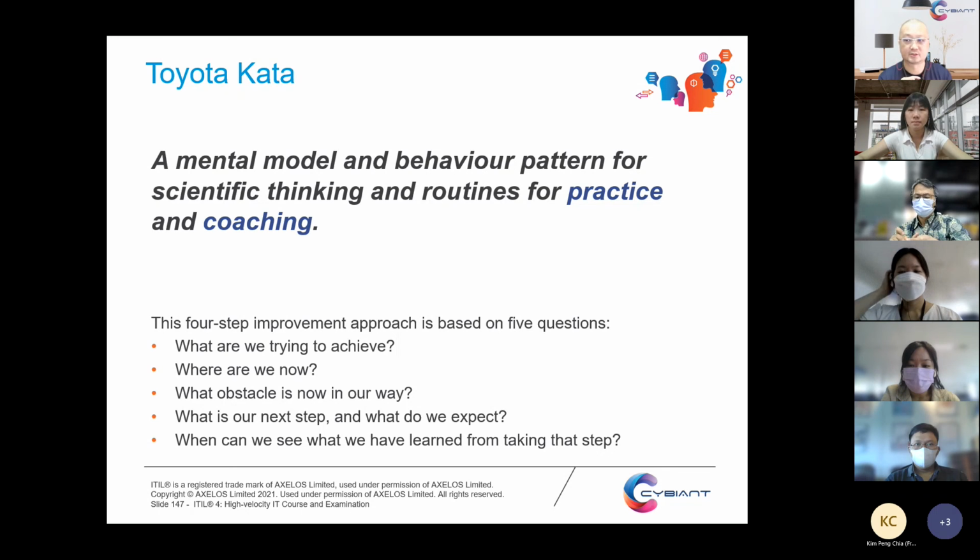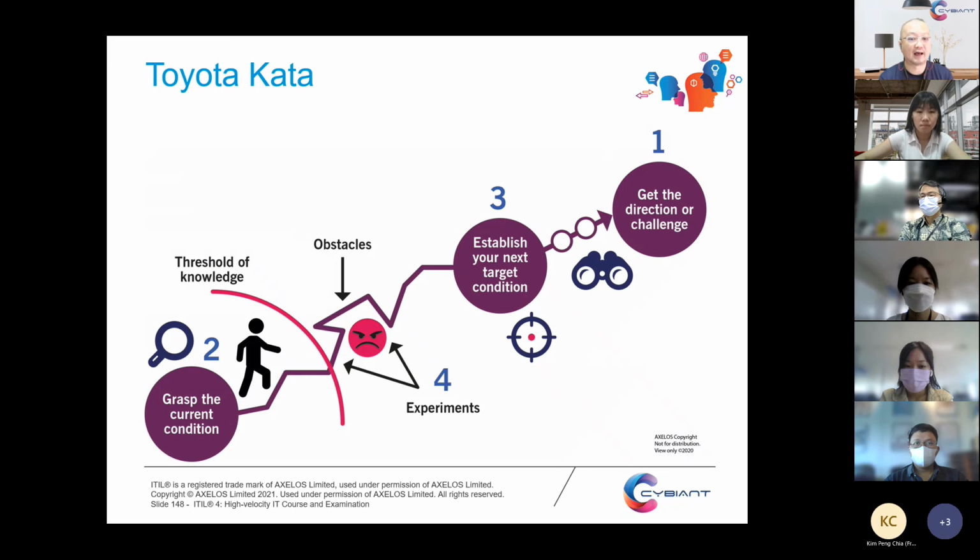It is a Japanese, quality way of doing things. In there, they ask questions similar to the continuous improvement model. What are we trying to achieve? Where are we now? What obstacles are in our way? What's the next step? And what can we learn by doing this? The keyword here is practice and coaching. So let's look at the next diagram, which explains how we apply them.